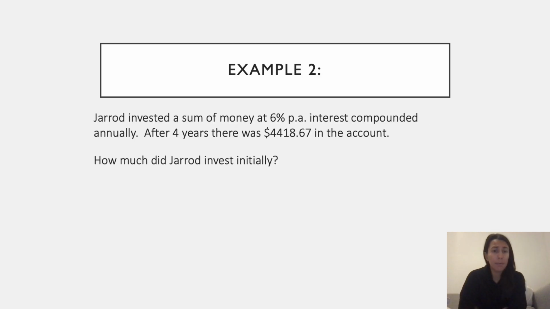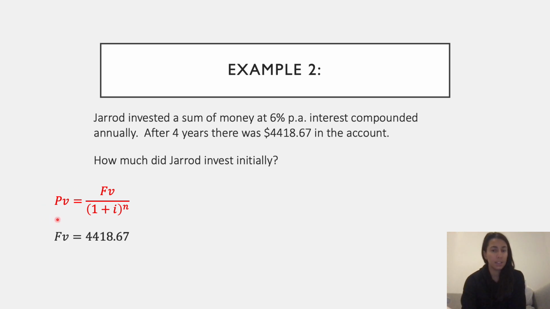Jared invested a sum of money at 6% per annum, interest compounded annually. After 4 years, there was $4,418.67 in the account. How much did Jared invest initially? The fact that it says invest initially tells me that I'm looking for my present value.